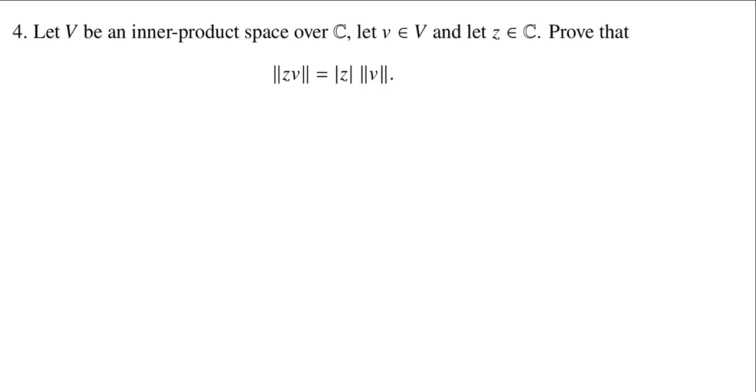at Cal State Fullerton. In this problem, we have an inner product space V over the complex numbers, and we choose some element v in the vector space V and some complex number z, and we want to prove what is actually just a very, very standard fact about the norm in an inner product space, which is that if you take the norm of a scalar product, so here we have a scalar z times the vector v, then I can pull the z out at the cost of taking the length of z, magnitude of z, norm of z, whatever you want to call it for the complex numbers.